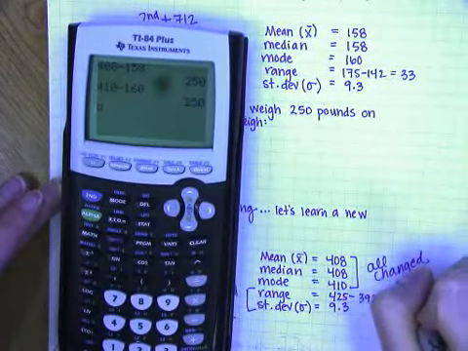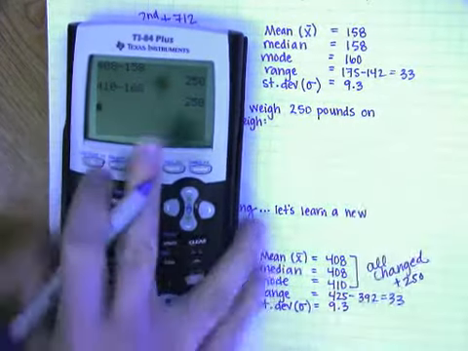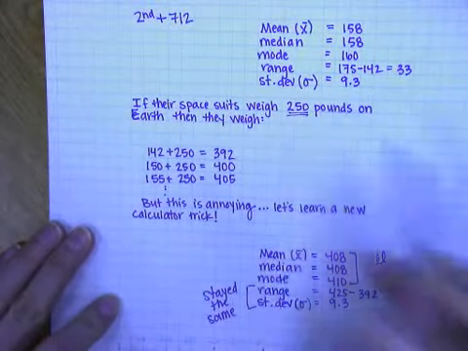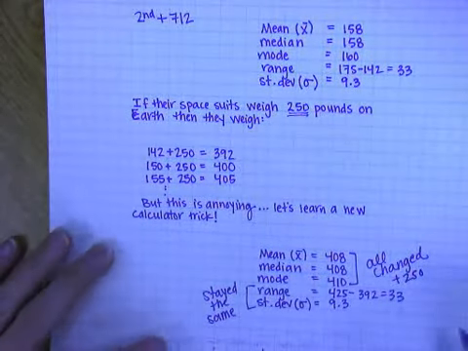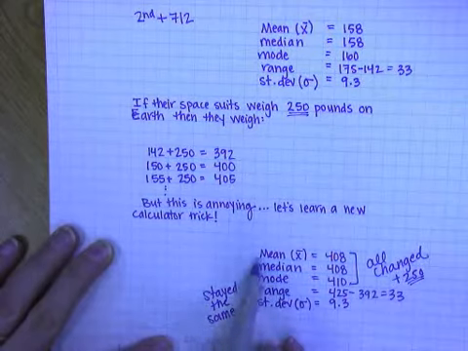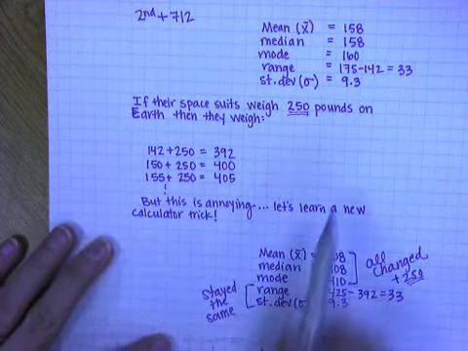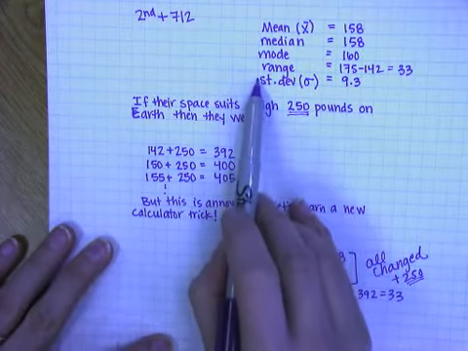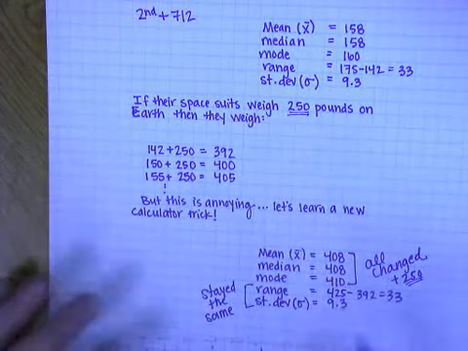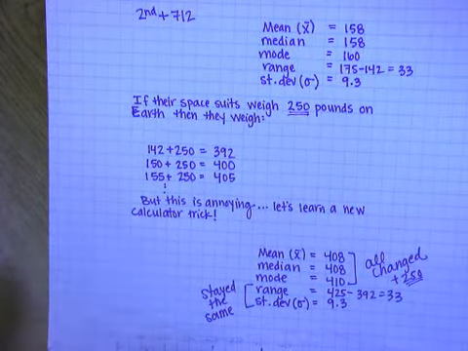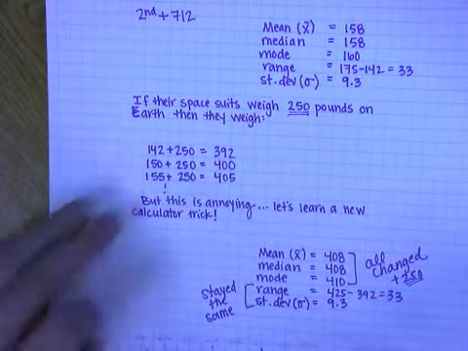So these all changed by going up 250. Now, this shouldn't come as too much of a shock because all we did to this data set was add 250 onto everybody's weight, and so that's the change we're seeing in these measures of center, because mean, median, and mode tell us where the middle is. Whereas the measures of spread, the ones, range and standard deviation, that tell us how spread out the data are, those stayed the same because the data didn't get any more spread out. It's the same data, we just added the same amount to each thing.